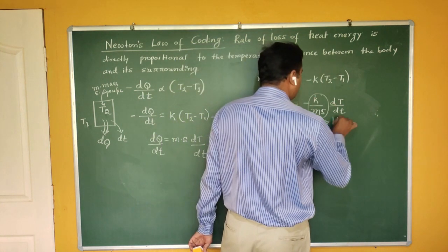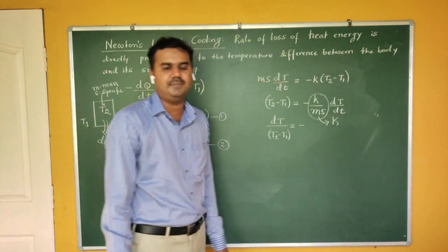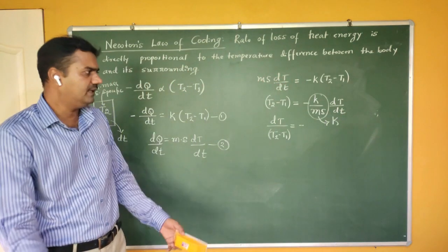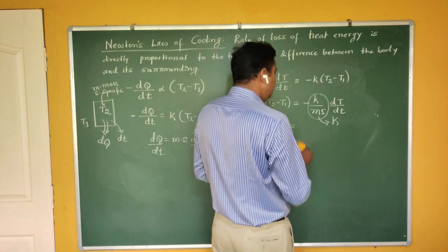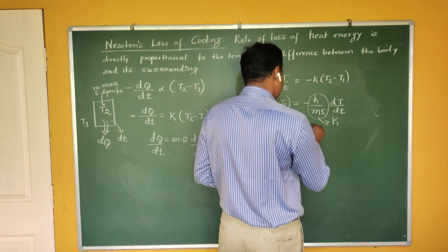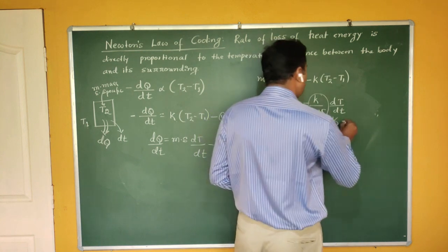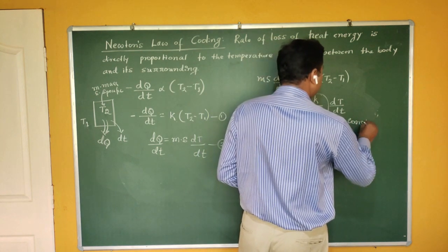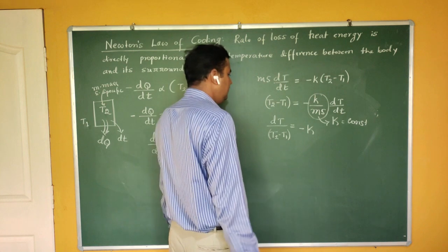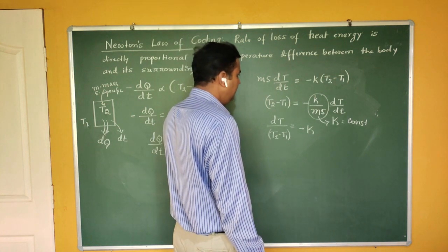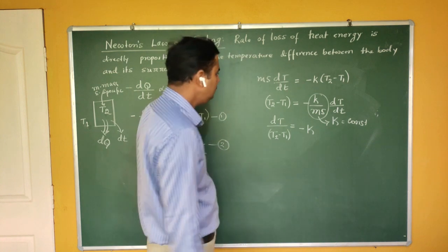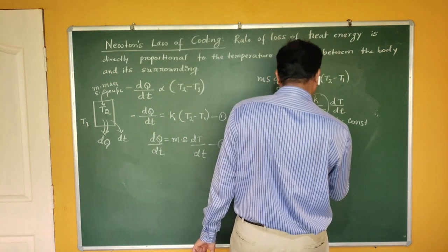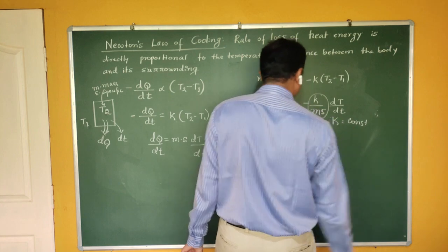So let me write one more constant, capital K. What is capital K? It is one more constant. If you multiply constant by constant, again it becomes a constant. Therefore dT by T2 minus T1 is equal to minus K into dt.